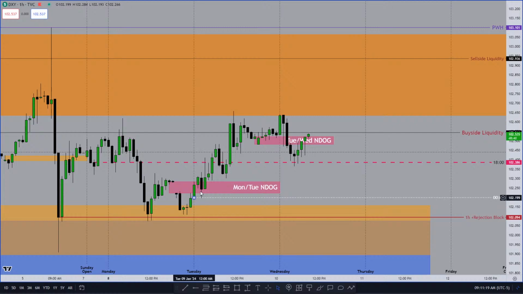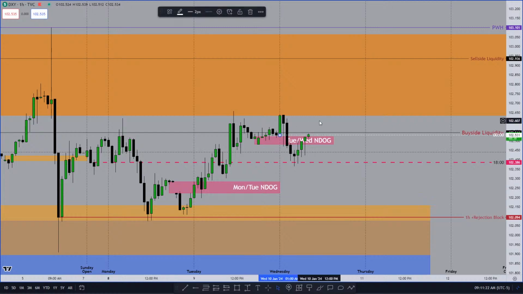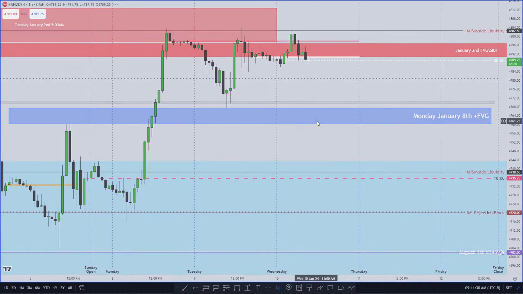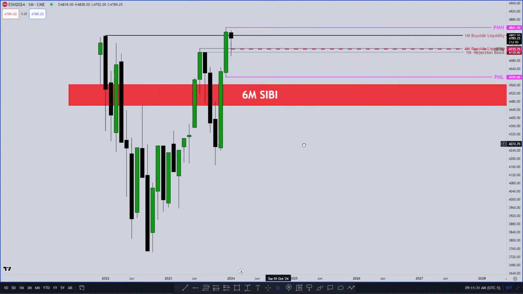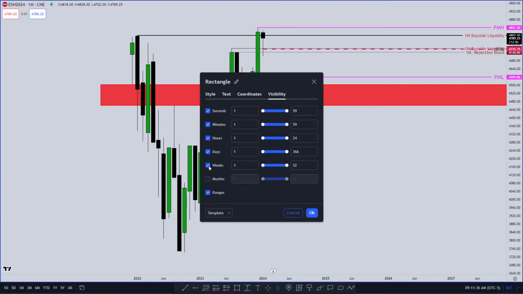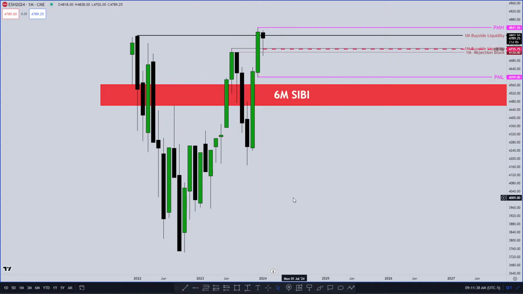So let me drag this here. All right. S&P monthly, still inside that. Let me remove that. That's bothering me. Still inside the monthly range.